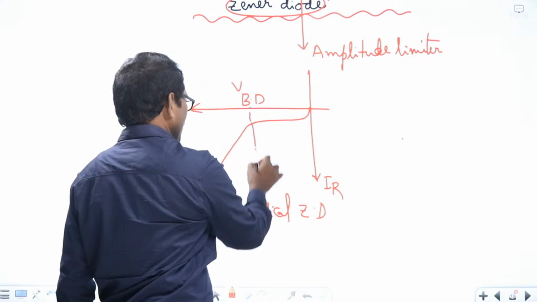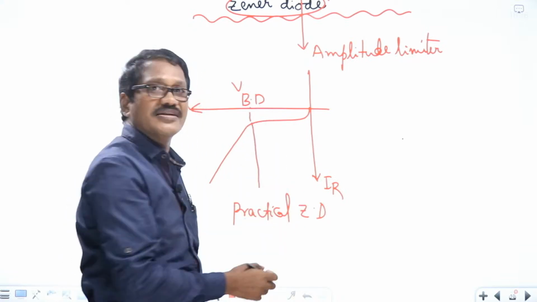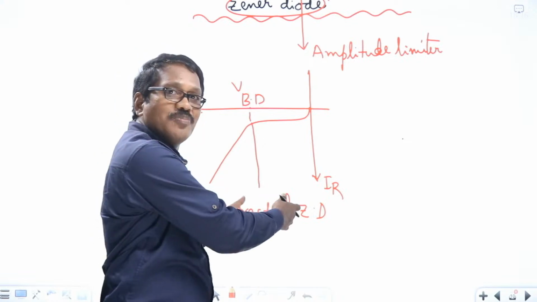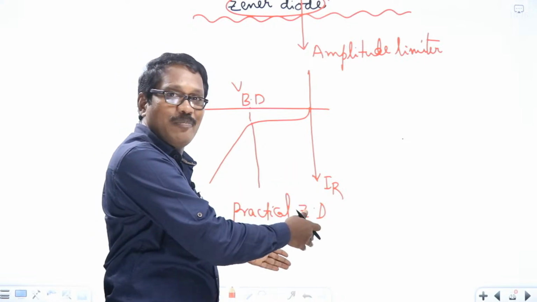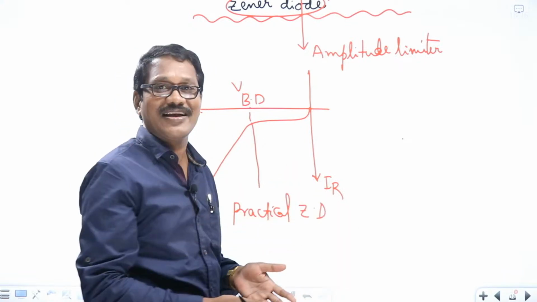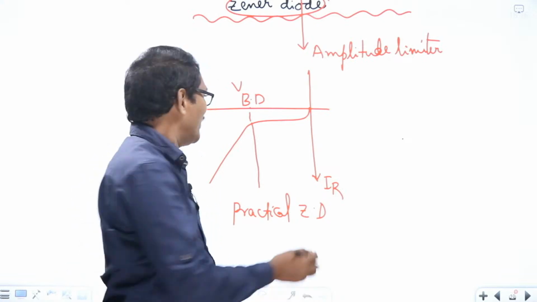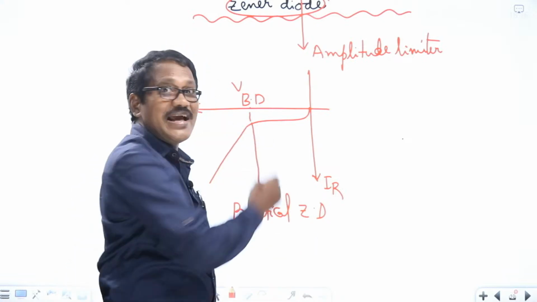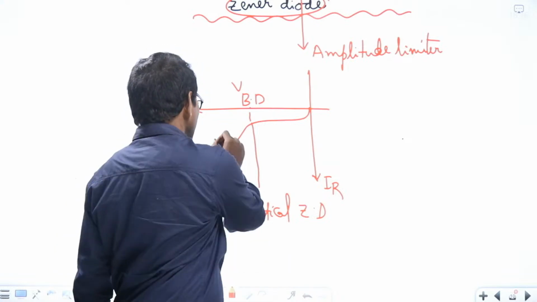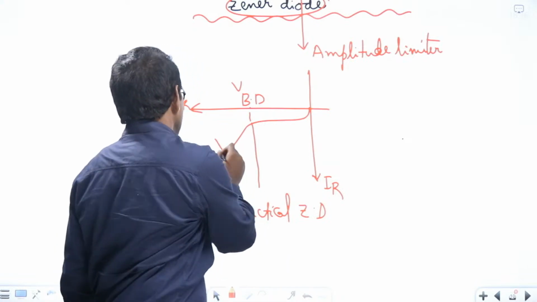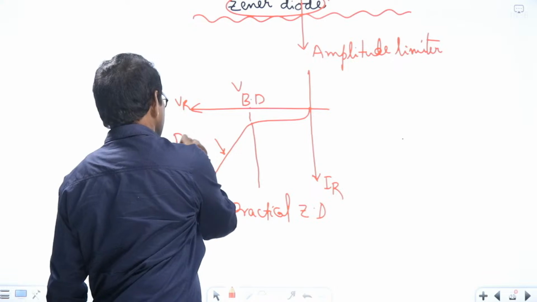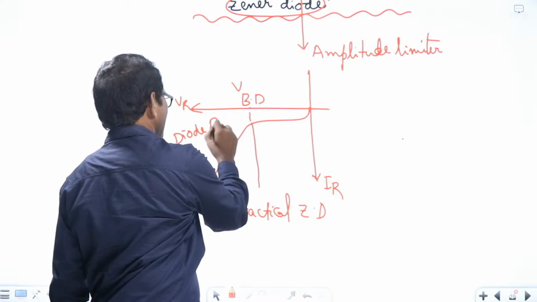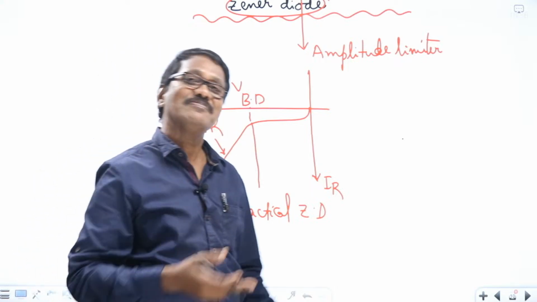Once breakdown occurs, the current through the Zener diode should increase abruptly, but that is not happening practically. Practically, the current through the Zener diode increases exponentially. This is because of diode resistance, which is inseparably linked with it.